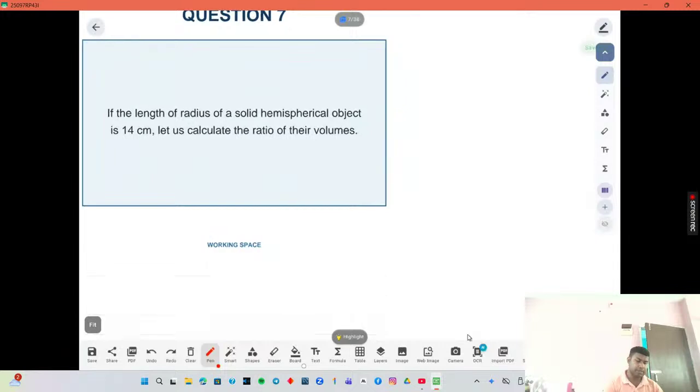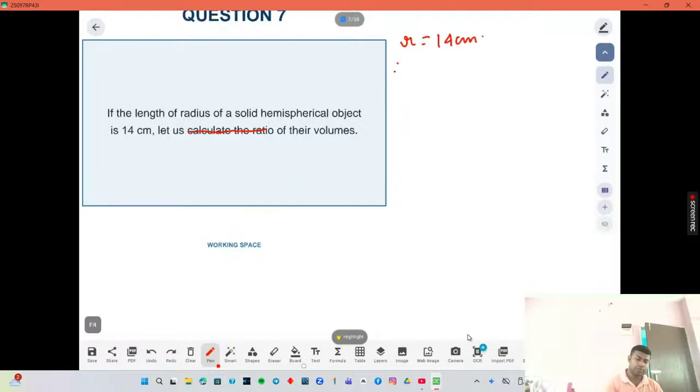Here the question is given: if the length of the radius of a solid hemispherical object is 14 centimeter, then let us calculate its volume. Means we have to just find the volume of that hemisphere. Here the radius is given as r is equal to 14 centimeter.